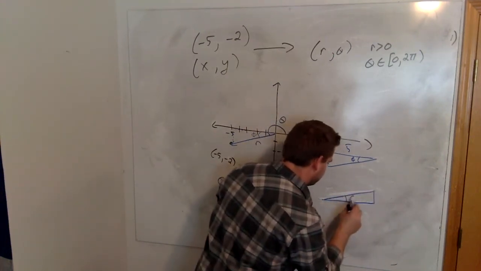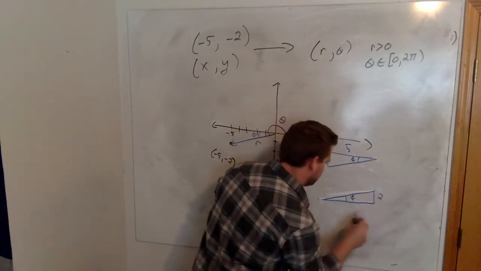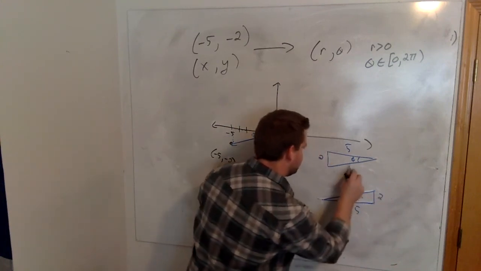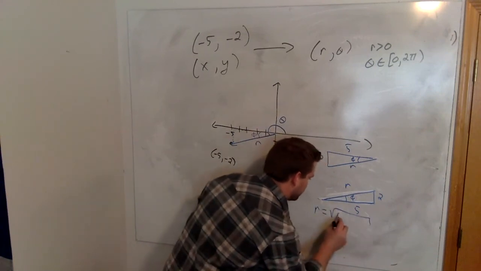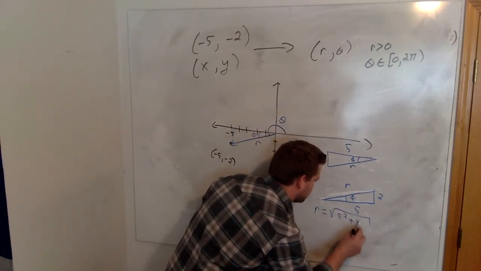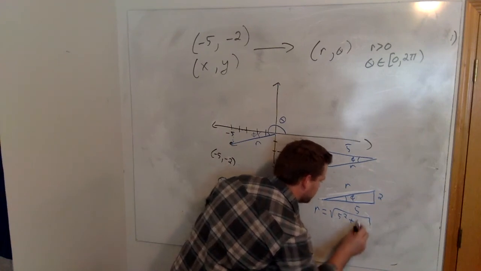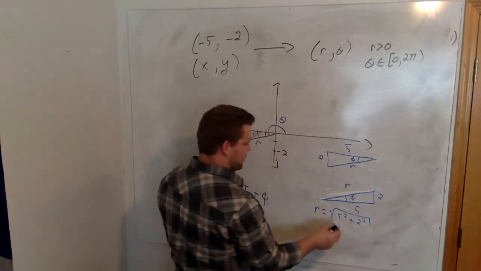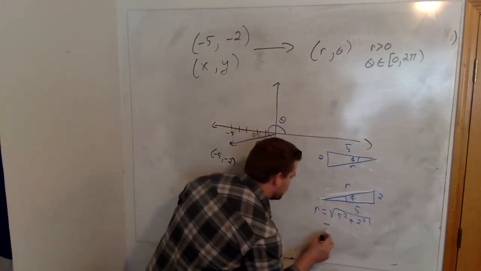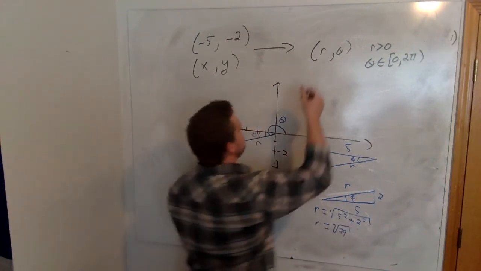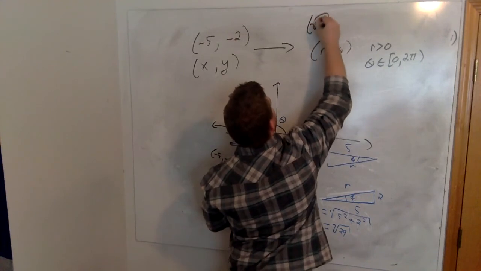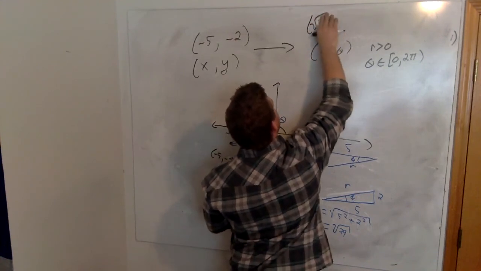So this here is phi, this is 2, and this is 5. Here is our radius. So the radius is going to be equal to the square root of 5 squared plus 2 squared. So what will that be? 25 and 4. So that'll be root 29. Okay, so the radius will be root 29.